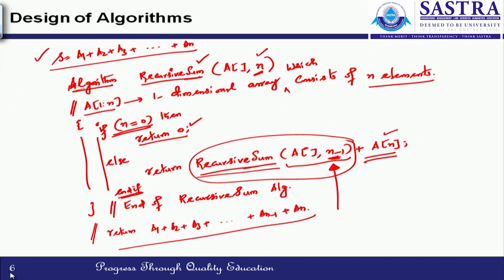So understand, this is the logic of a recursive approach. This algorithm also produces the same result as the sum algorithm, sum a array comma n, that we already designed. The same result is produced in the recursive approach.